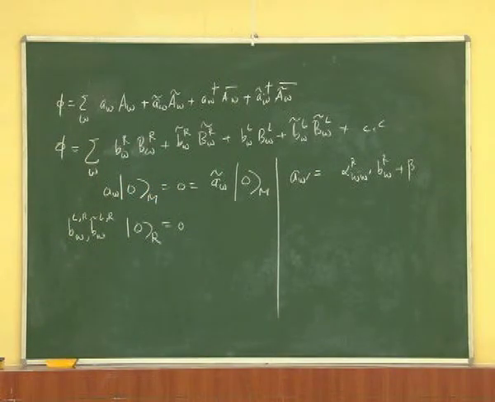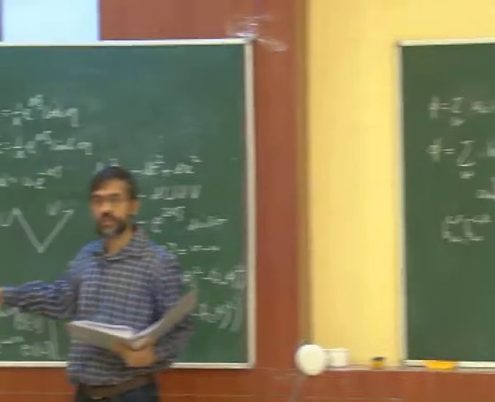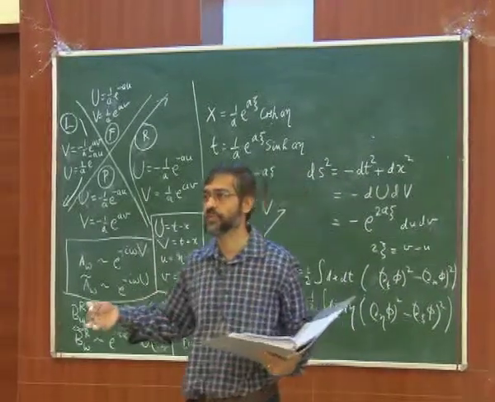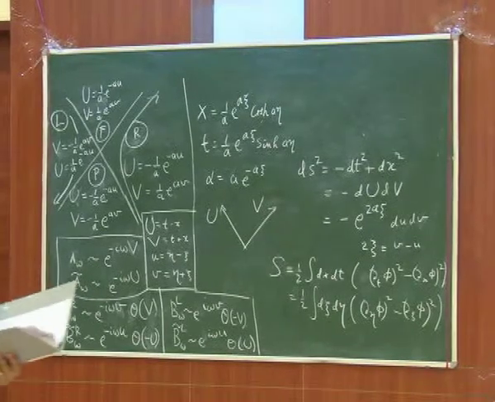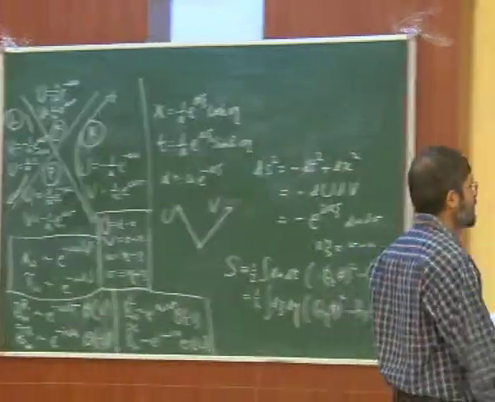Okay, and as I indicated, in the case of non-inertial observers, there is no reason why the vacuum constructed by them should be the same as the vacuum constructed by the inertial observers. So there will be these guys.